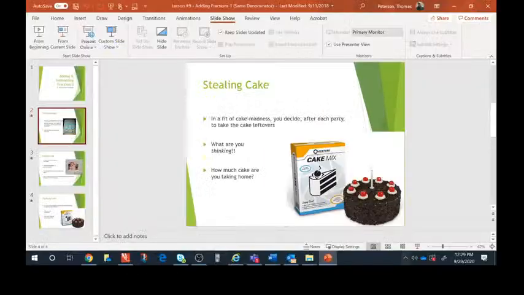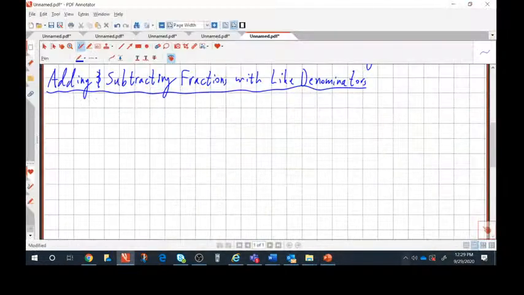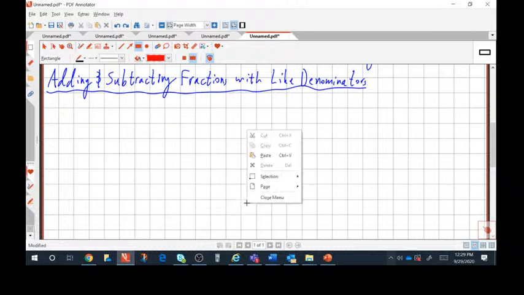Let's go ahead and draw those 3 cakes right here onto our notes. 3 rectangles. Yes, please. And we're going to make it so they're all the same size, and I'll show you. A 3 by 4. 1, 2, 3.